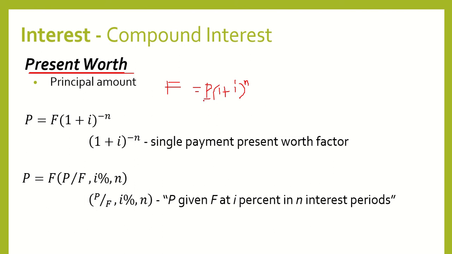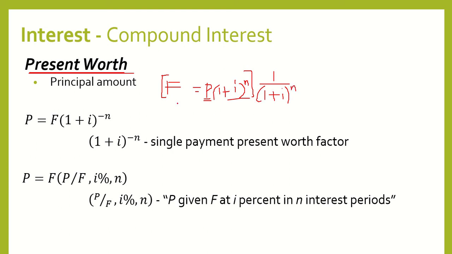Since we are looking for P, we have to cross multiply this one, or in other words, we can divide both sides by the reciprocal of the term that we want to eliminate in the right side. So we'll have to divide all the sides of the equation by the quantity of 1 plus I quantity raised to power n.